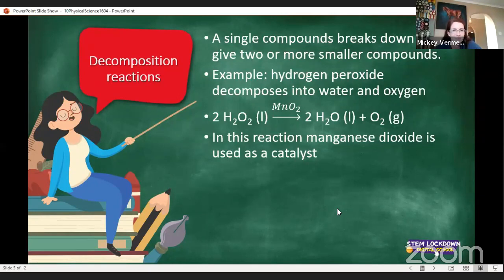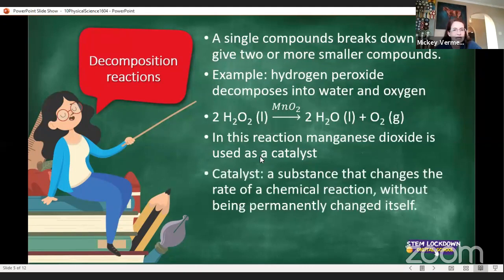So we have a catalyst. Just as a reminder, a catalyst is a substance that changes the rate of a chemical reaction, but it doesn't get changed. Let's think about a divorce lawyer.